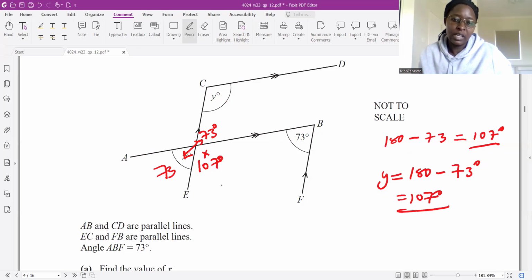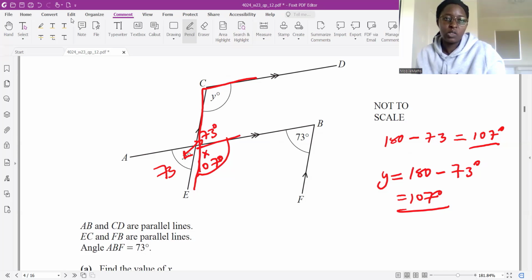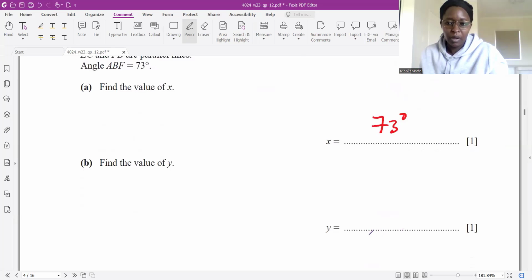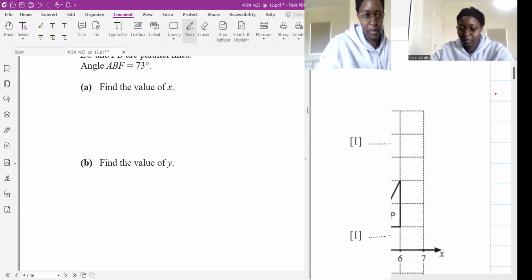Else we can use F angles again. This one is an F angle, so this angle here is going to be equal to y. So there are so many ways of answering this question, depending on what you have or what you know. So let's see, find the value of x. We said it's 73 degrees. Value of y, 107 degrees.